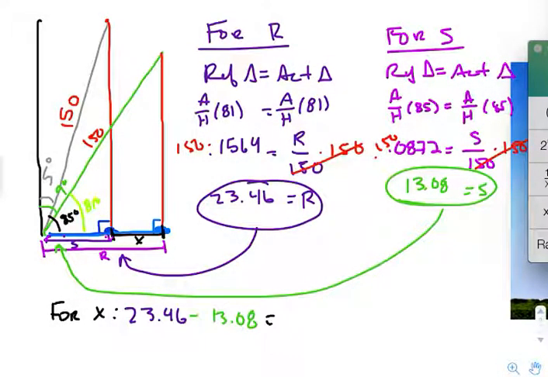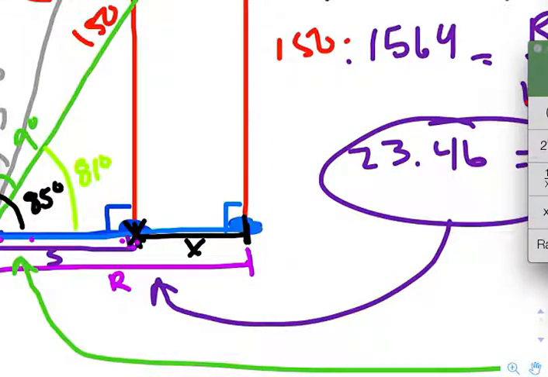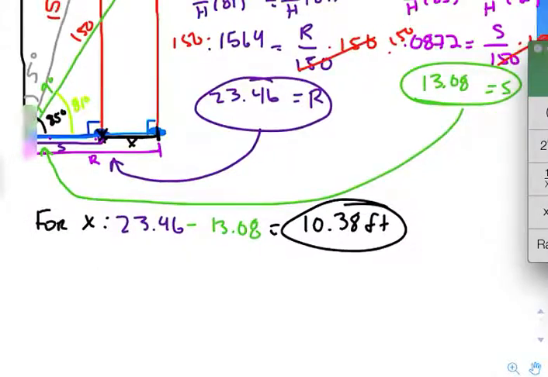So x in this case should be about 10 feet, so 10.38 feet. So that's how much farther you have to move the basket to put it in position. So it was here, you have to move it 10.38 feet to get it where it needs to land for the tourist.